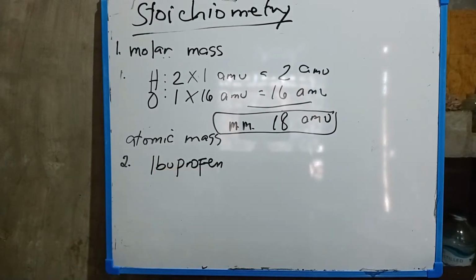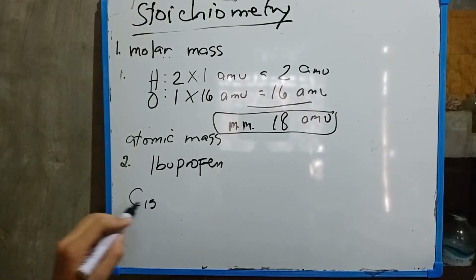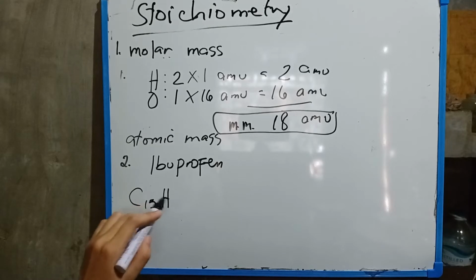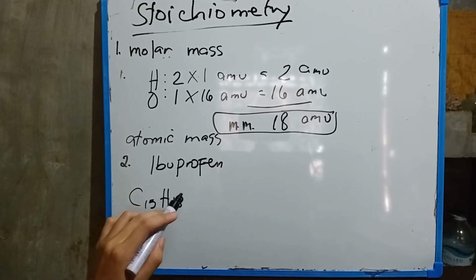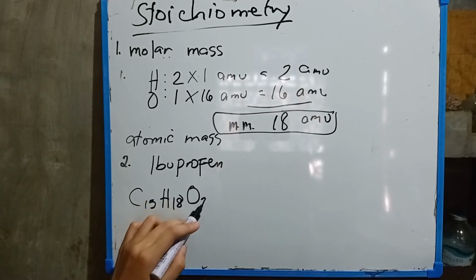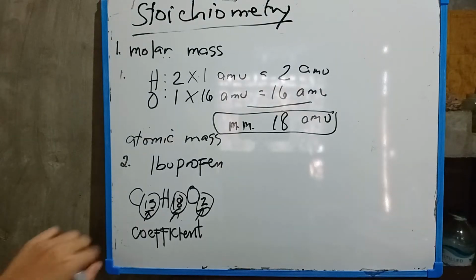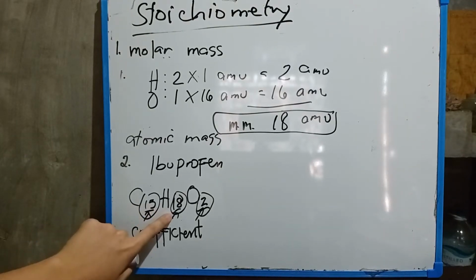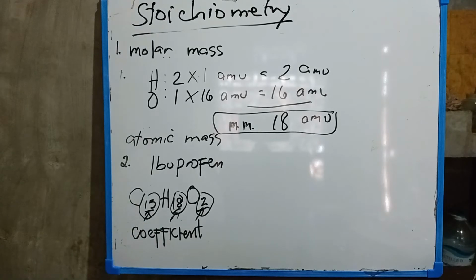So, the chemical formula of ibuprofen is C13H18O2. This means there are 13 carbon, 18 hydrogen, and 2 oxygen. Our problem here is to get the molar mass of ibuprofen.